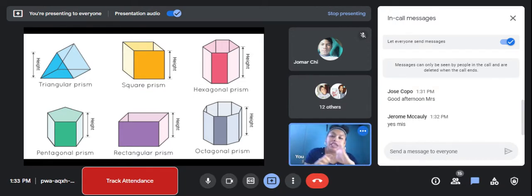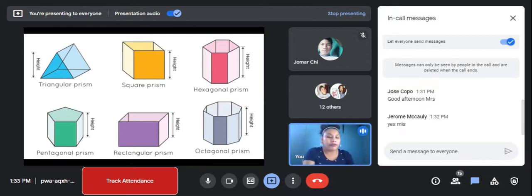Once we find the area of all of those, we are able to find the total surface area. When they teach this in primary school, they teach you to find the area of each one by one, and then add all of them.